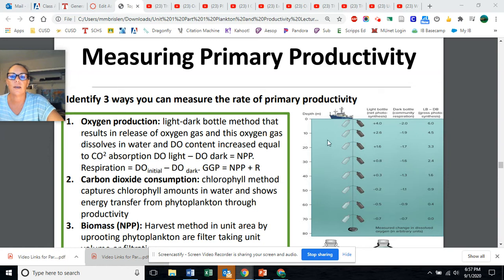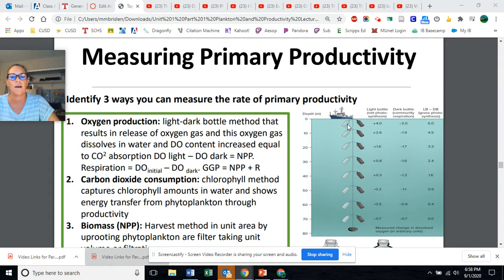A really nice way to measure that, and something we do often, is called the light dark bottle method. It looks like this. This is illustrated with more machinery and tech material, but you can do this in an aquarium. You take a dark bottle versus a light bottle with similar organisms, phytoplankton, and then you look to see how much oxygen is being produced.